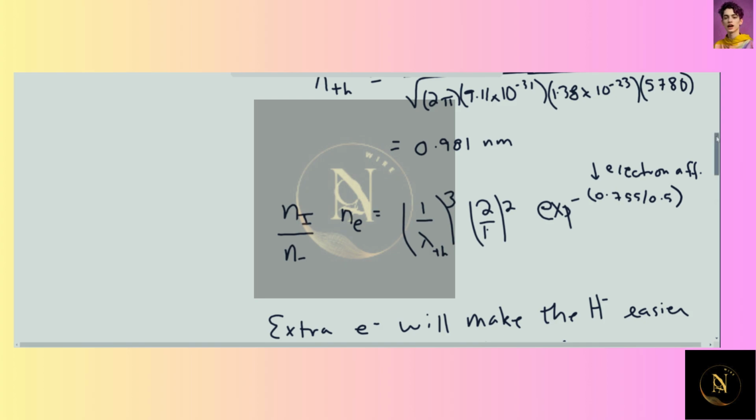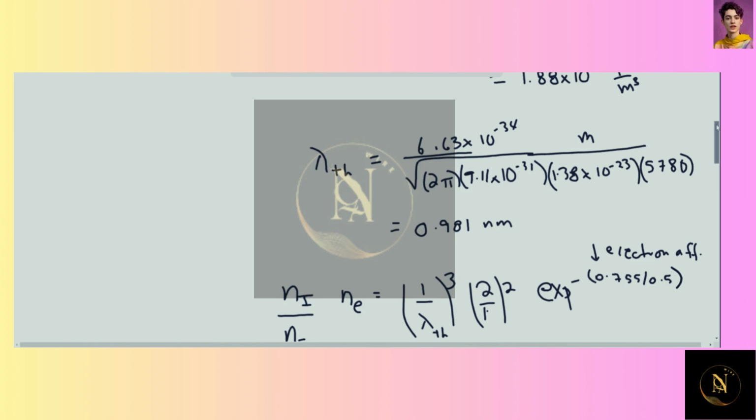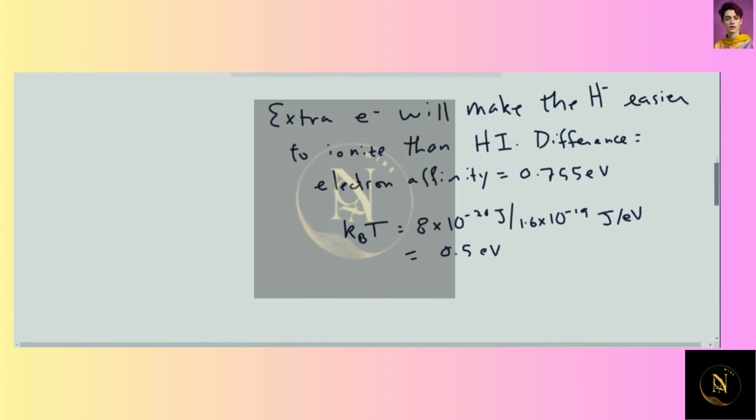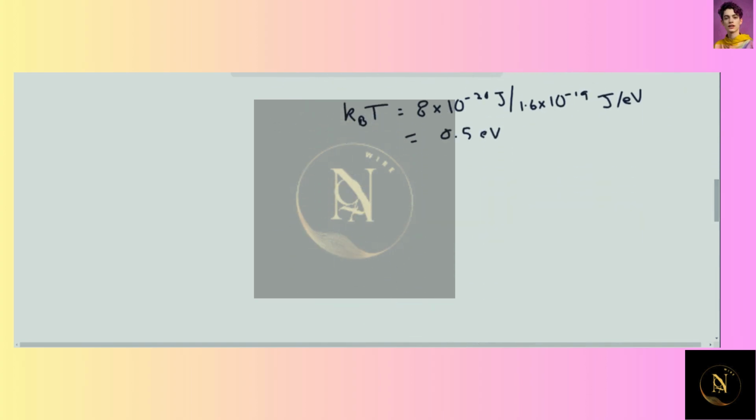Working that out gets to be a little bit of a mess. The de Broglie wavelength combined with the n_e, so let's just write this down. N1 over N minus is about 1.06 times 10 to the 27th, which is the factor out in front.